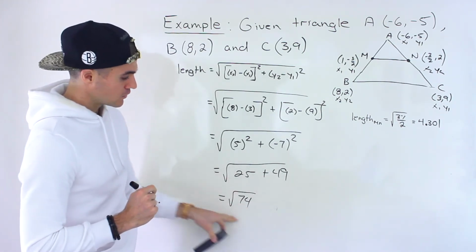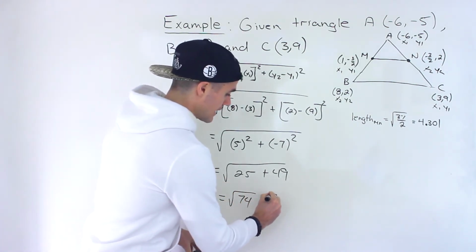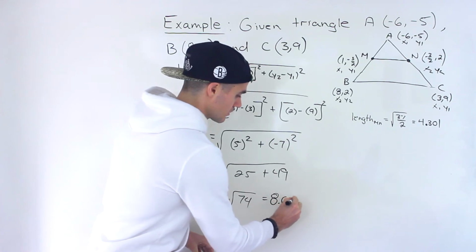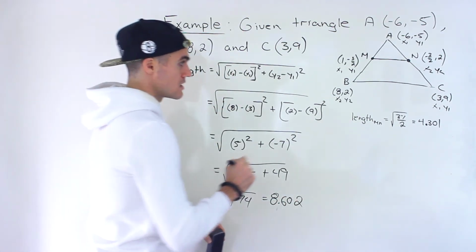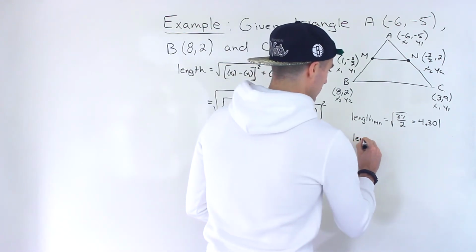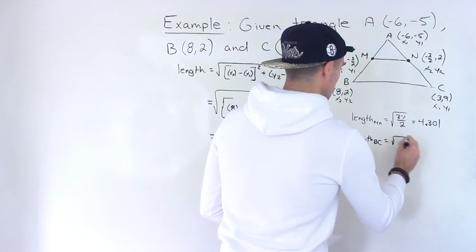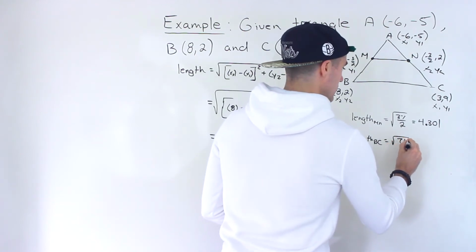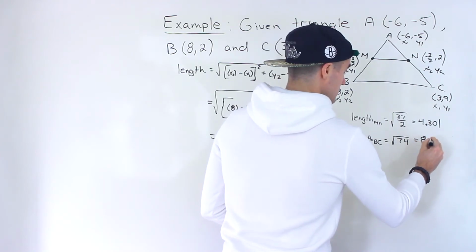And if you take the square root of 74, if you want the decimal, you'd end up getting 8.602 if you round to 3 decimal places. So the length of BC as an exact value is the square root of 74, and as a decimal it's 8.602.